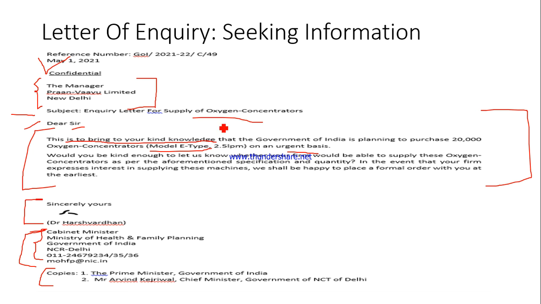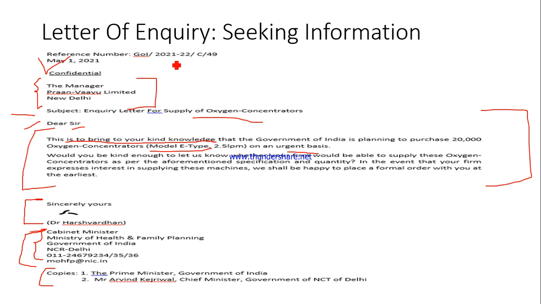Fine. So they have specified model number, and they've probably also specified the capacity, so that the manager of Pranavayu Limited gets a clear idea as to which particular type of oxygen concentrator is required by the Government of India. Right?